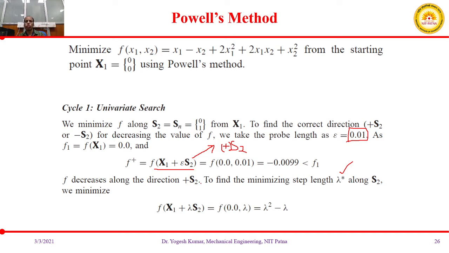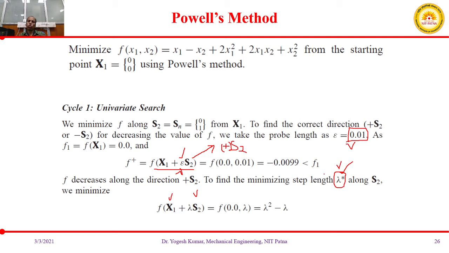So instead of epsilon, now you will put lambda, and the function will become x1 plus lambda S2. The step to minimize your function in the S2 direction is the step size equal to lambda star.